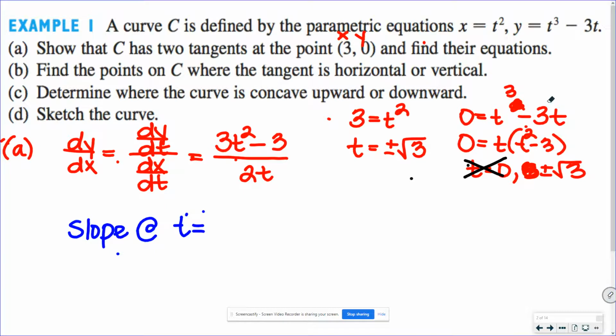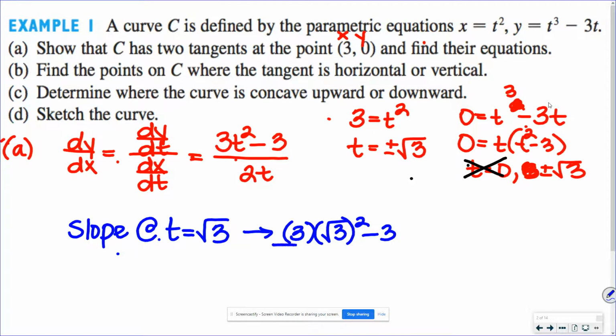And that would be the time when that curve hits the point (3, 0). Okay, so let's go back. We're going to find the slope at the point (3, 0) by plugging in the time when it actually hits the point, which radical 3 is one of those times.